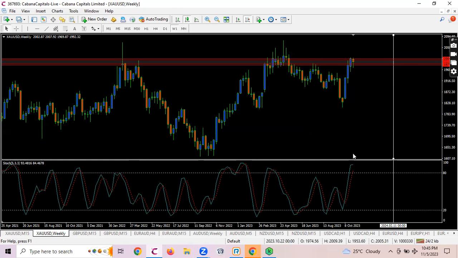But as it is right now, this is a bearish setup because the stochastic and price action, which is candlestick formation, are in confluence. There's confluence between these two, between the stochastic and the candlestick pattern. I hope that is clear.